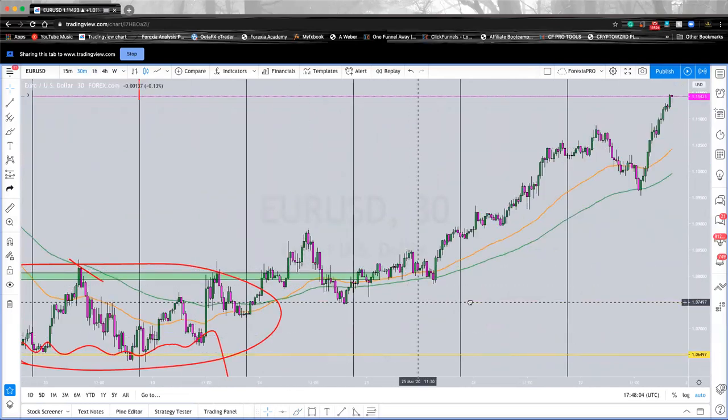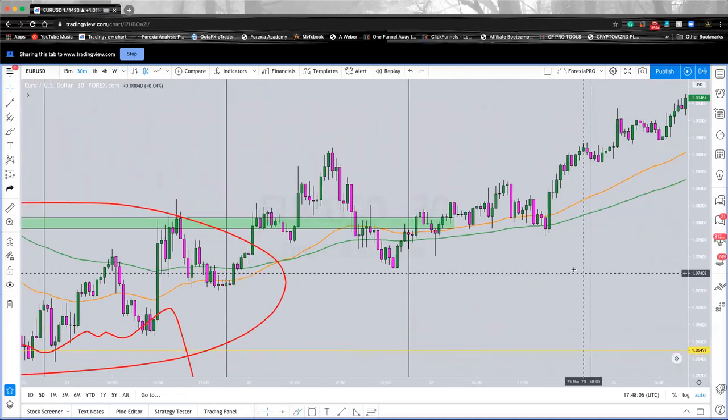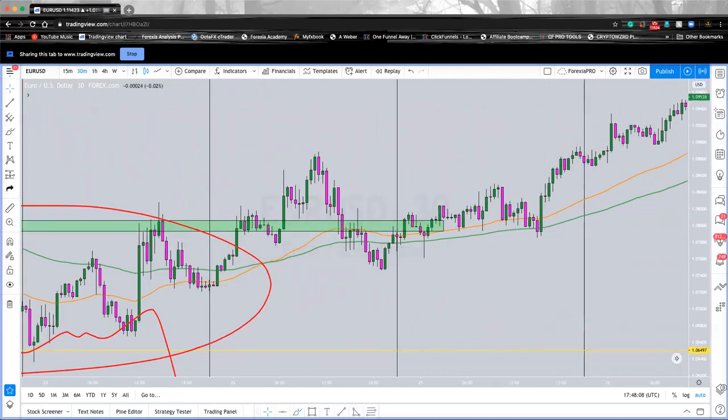Okay, take a look at this. This candle right here broke the 100. Everybody agree? Everybody can see this? I want to teach you a good fractal lesson. Everybody can see this breaking the 100 average, right?